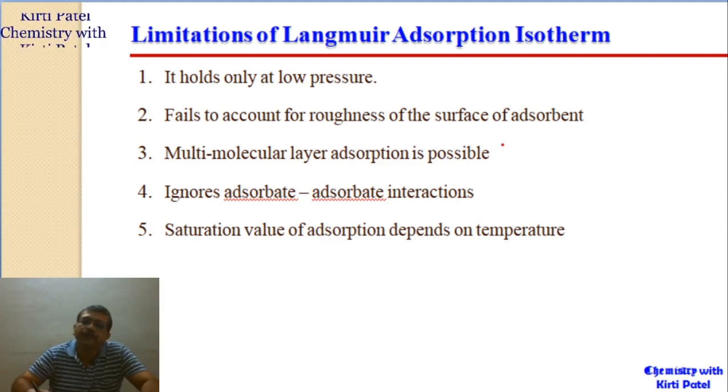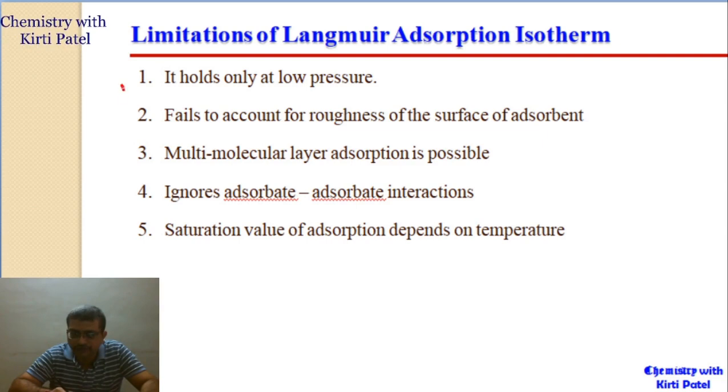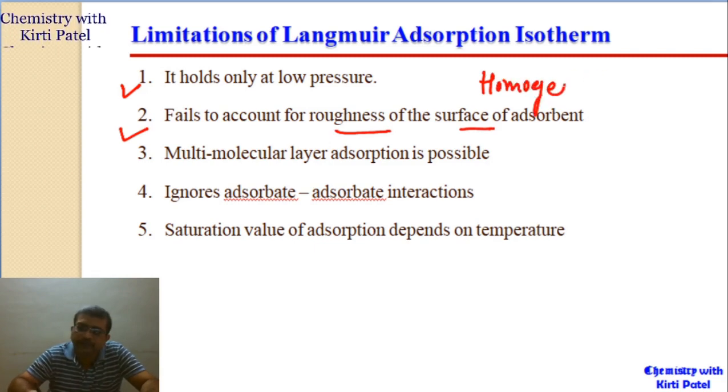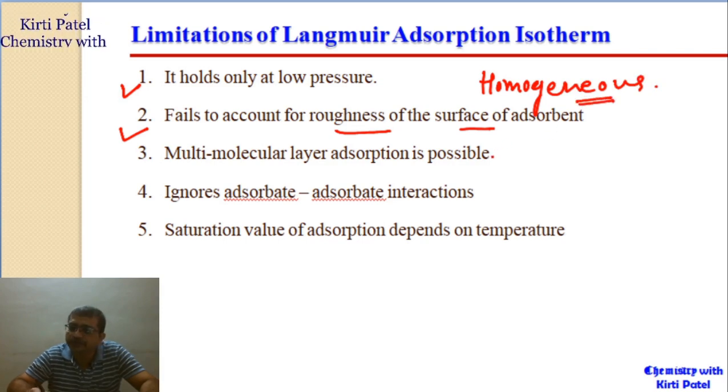The limitations of Langmuir's adsorption isotherm are that it holds good only at lower and medium pressures, and it fails to account for the roughness of the surface. As we have assumed in the assumptions, it is applicable only to homogeneous surfaces and not heterogeneous surfaces.